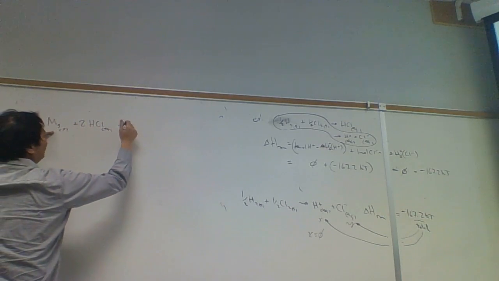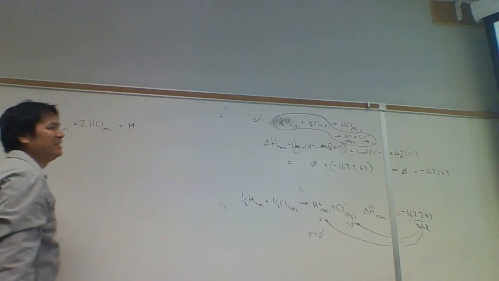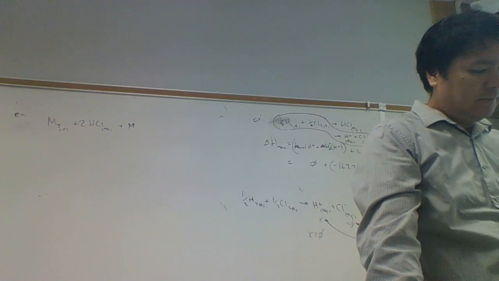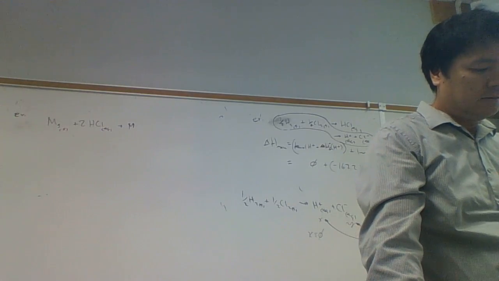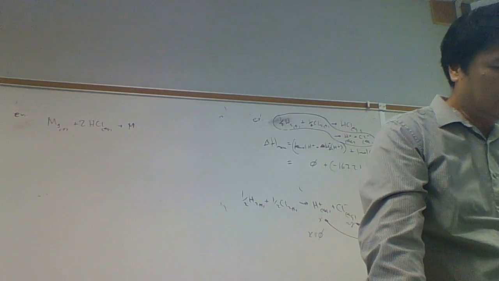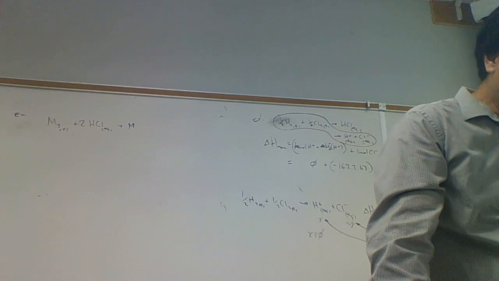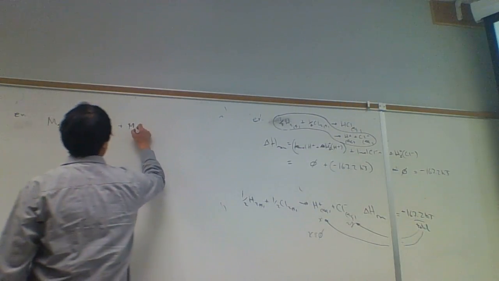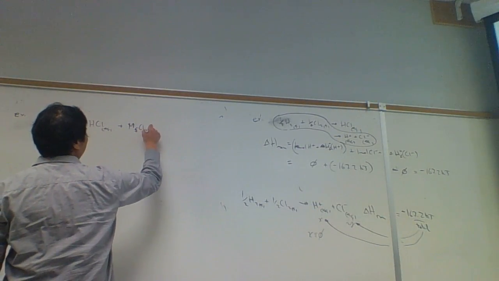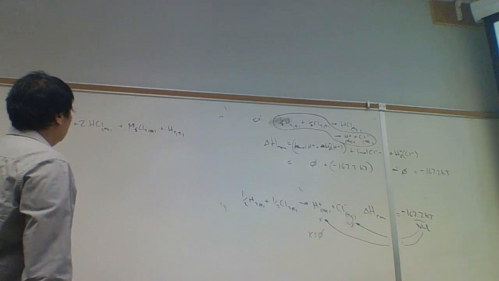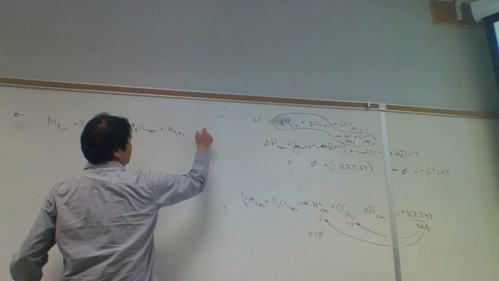We're going to yield, do I have magnesium chloride or do I have magnesium ions and chloride ions? I got magnesium ions and chloride ions. Yields magnesium chloride AQ plus H2 gas.